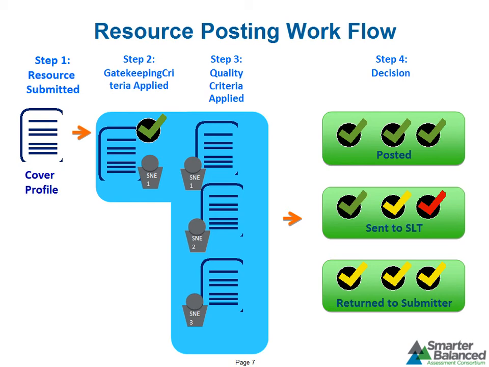If only one person thinks that it should get posted and the others think that it should be reviewed, then it gets sent to one of the SLTs, and we will review it and decide. And if all 3 think that it should not be posted, or that it needs revisions, it will get sent back to the person who put the resource into the digital library so they can modify it and fix it up.